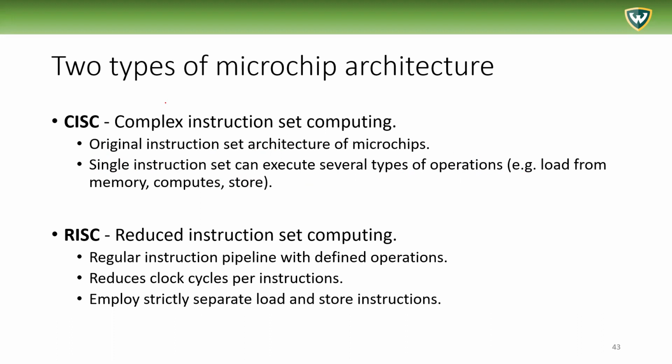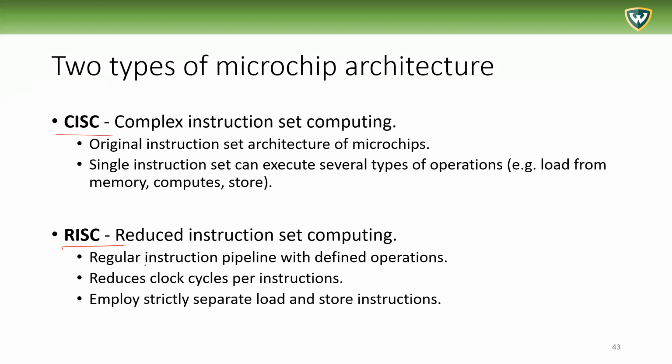So it's a complex instruction set for the manipulation of the zeros and ones. It is very flexible, and you can load from memory, compute some number, store some other values, and so on.